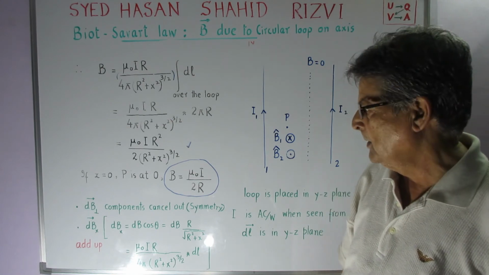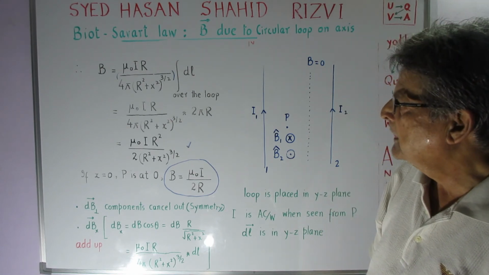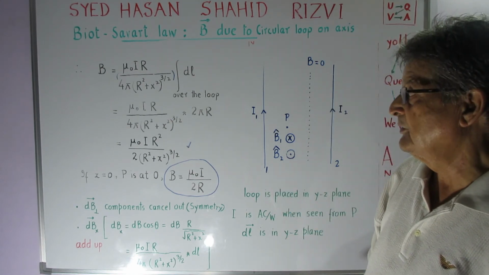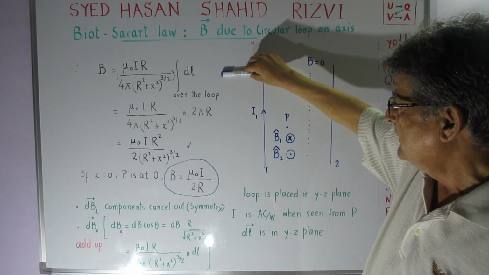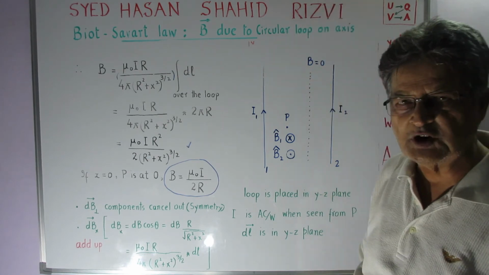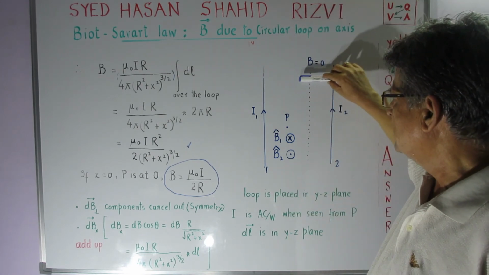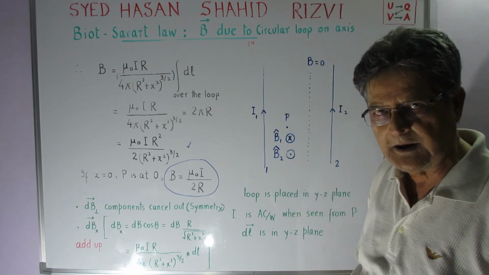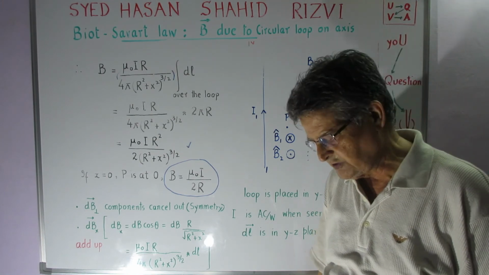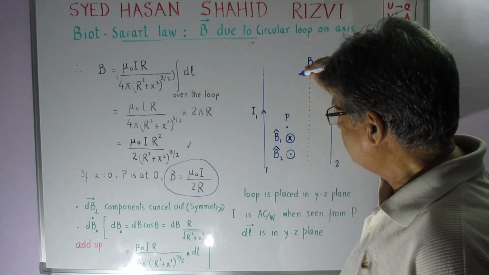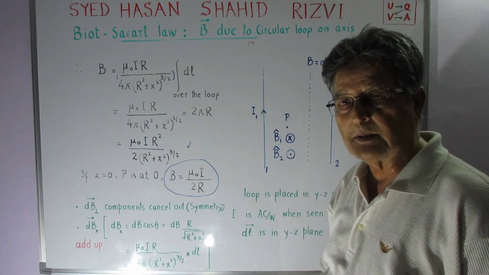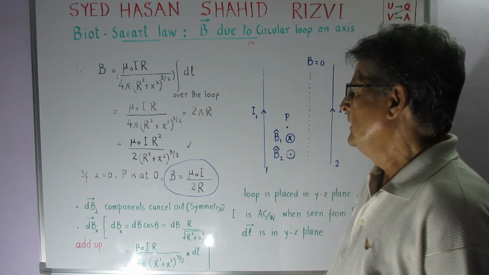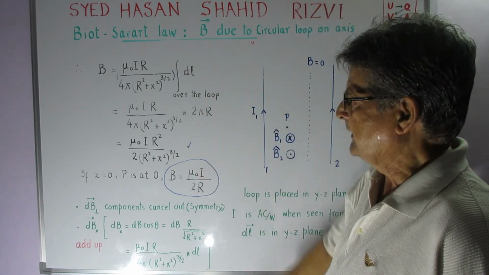In Coulomb's law, the electric field will be along the line joining the two charges, the test charge and so on. But here the magnetic field may be into the board or out of the board depending upon the situation. So that is the similarity.